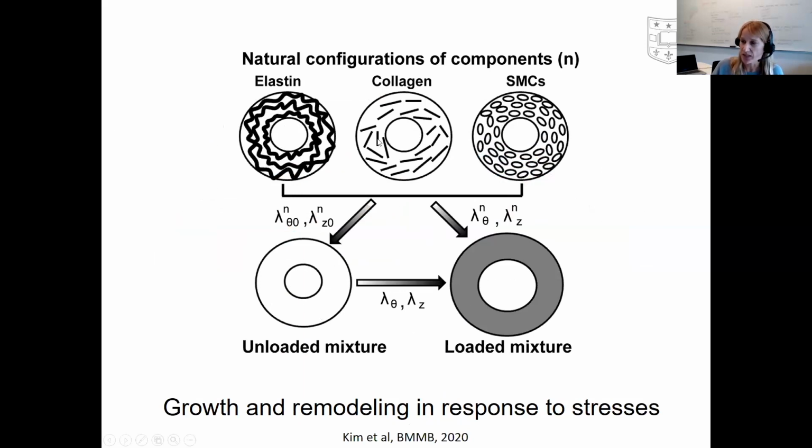And these things will all respond to stresses in the wall, and they may respond in different ways. So we use computational models combined with experimental results on the mouse models to try to understand how these components respond to the stresses during growth and remodeling.